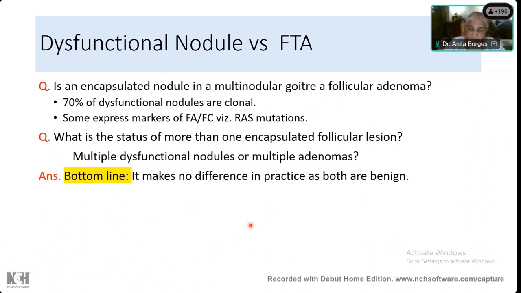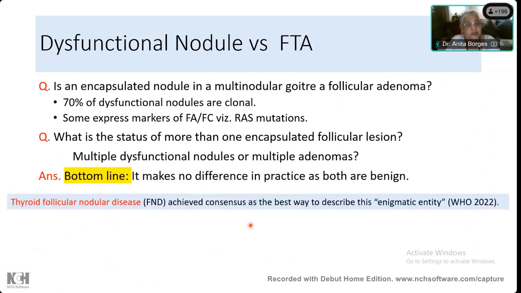Now, to take care of this problem, in the new WHO 2022, it's now no longer new, it's 2 years old, there is a disease, or at least a definition for an entity. They have now named an entity. You can use this, or you need not use it. This is thyroid follicular nodular disease.